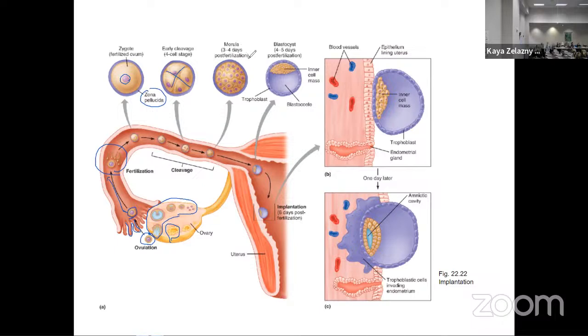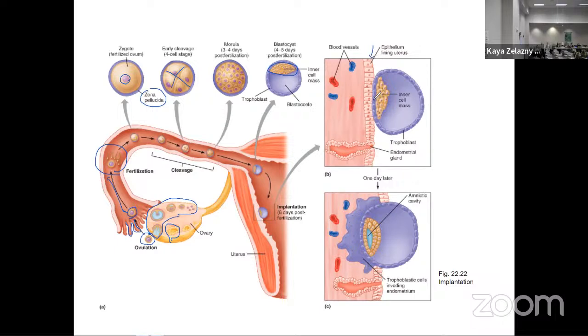At 3 to 4 days, we'd call it a morula. Then 4 to 5 days, it's starting to kind of separate into different spaces. This is a blastocyst, and it's implanting in the wall of the uterus. So here we can see it attaching to that lining of the uterus. Okay, so that's implantation.